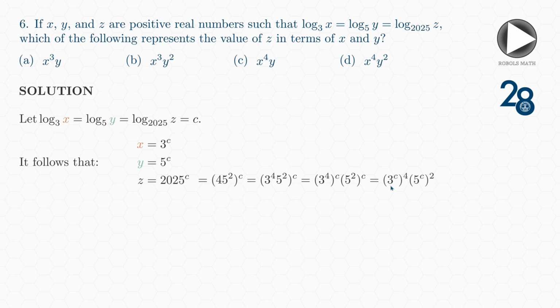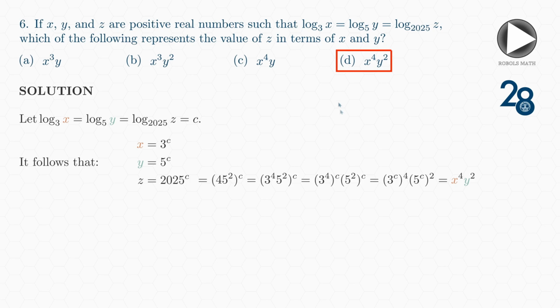But wait a minute, we know that 3 to the c is x, and 5 to the c is y. So this expression should be equal to x to the 4th times y squared. So the answer here is x to the 4th y squared, and that's our final answer.